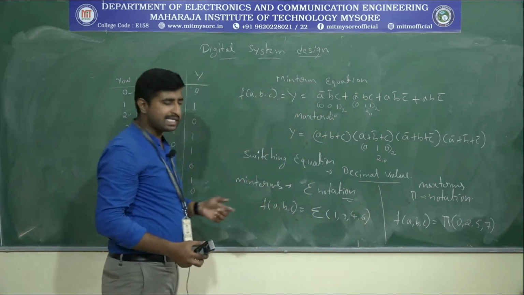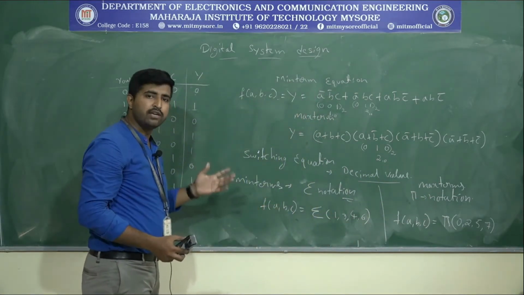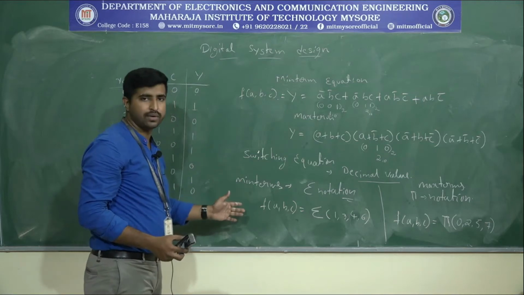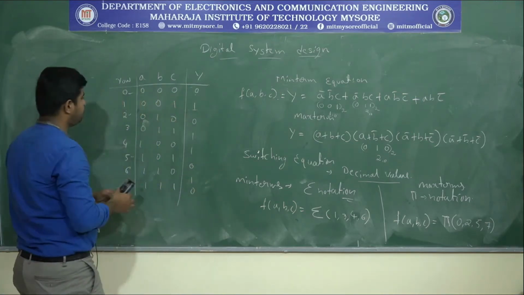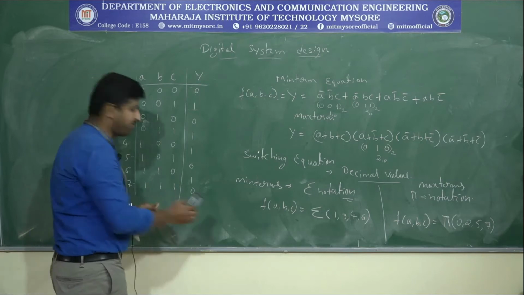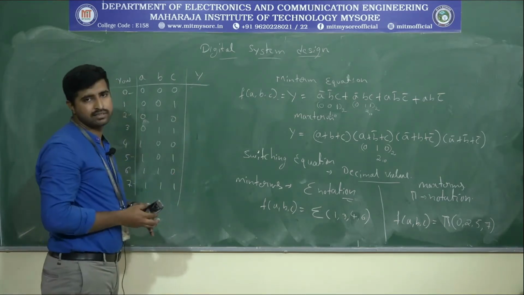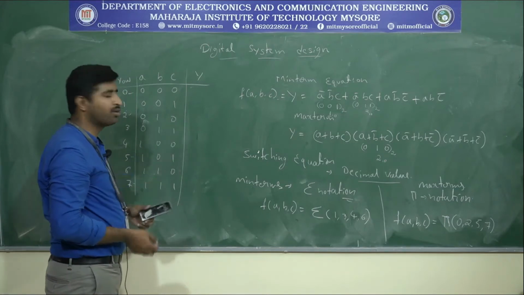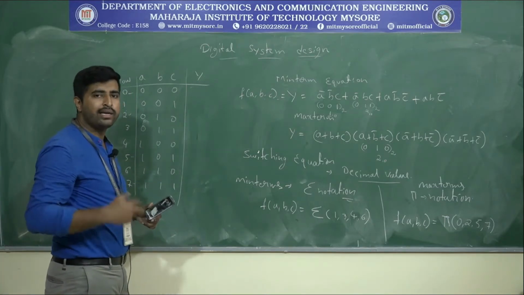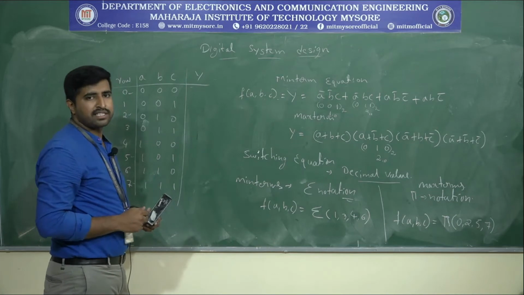Let's take one example. So one more exercise, then you can easily write that one. I will maintain this one, I will just change this function. So let's take another random output. Then let's write its equivalent min term expression and max term expression.